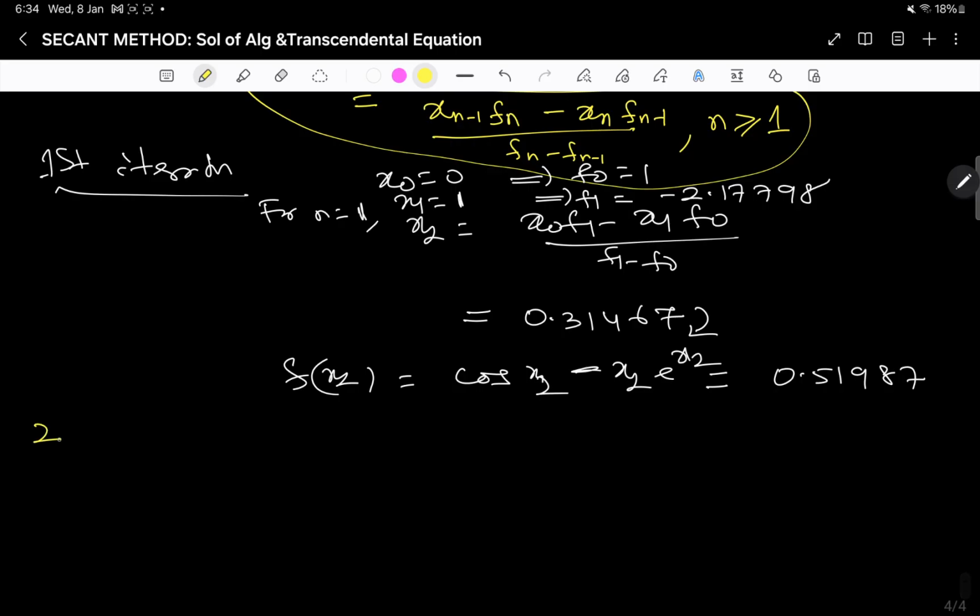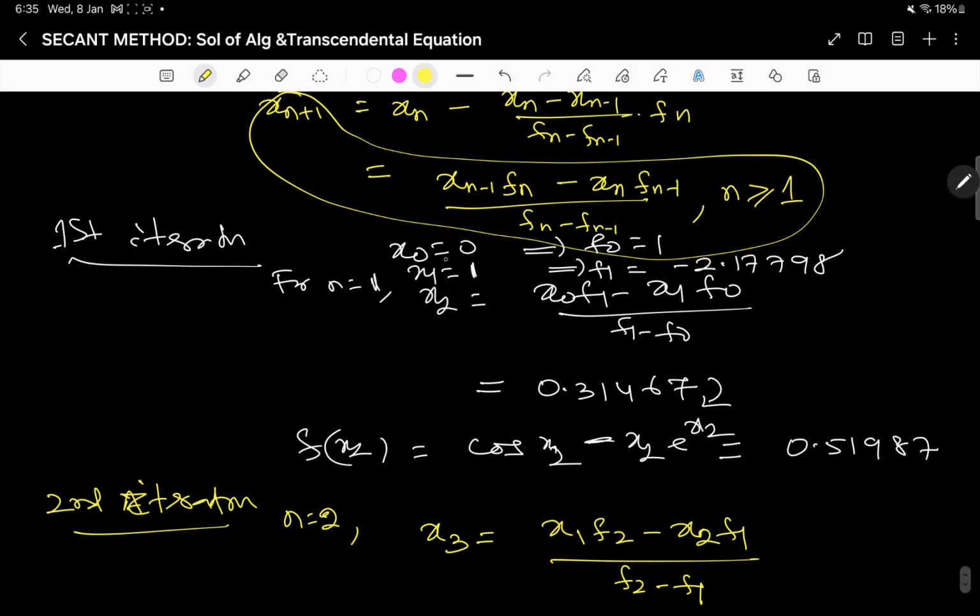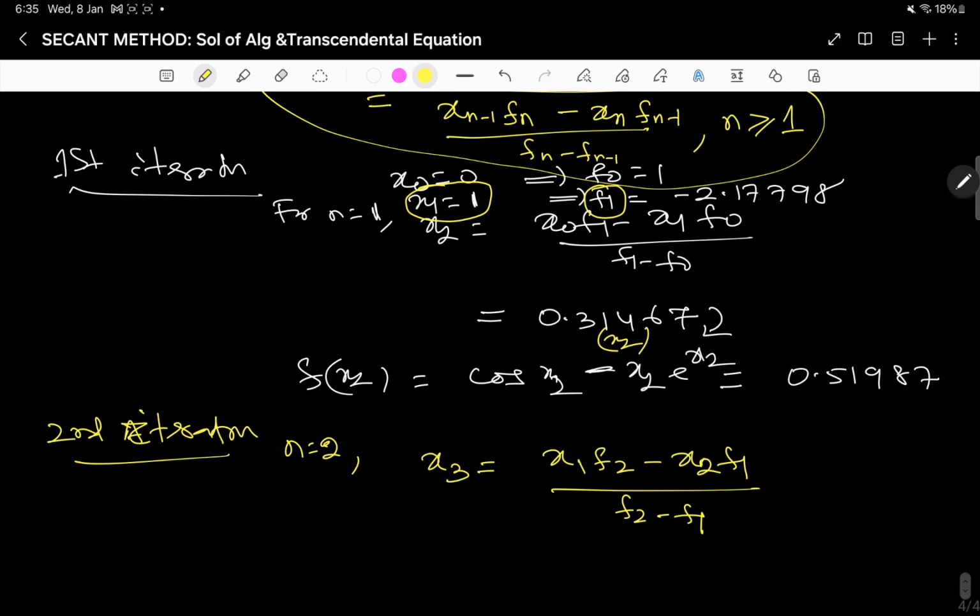Then in the second iteration, or approximation, we have n is equal to 2, which implies your x3 is (x1 f2 minus x2 f1) divided by (f2 minus f1). As usual, x1 is itself x1, f1 is itself f1, this is your x2 and this is your f of x2, which means sequentially it will move, no need to rearrange it.